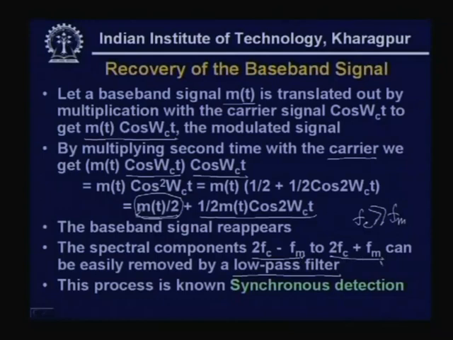This approach is known as synchronous detection. Whenever you multiply the modulated signal a second time by the carrier, you get back the baseband signal after filtering out the other high frequencies such as 2fc minus fm and 2fc plus fm, and this process is known as synchronous detection.